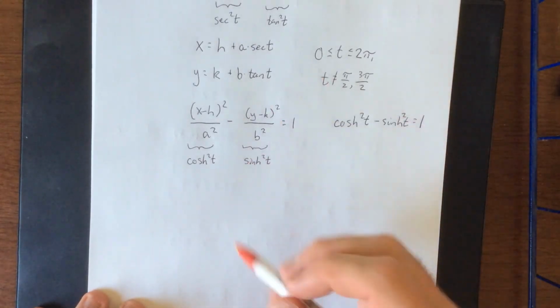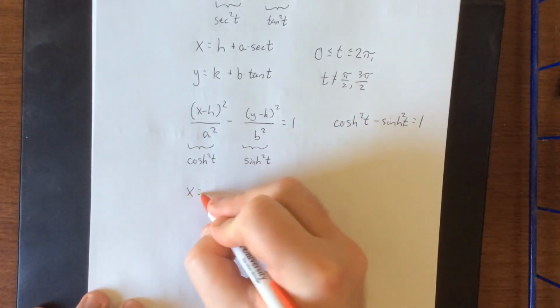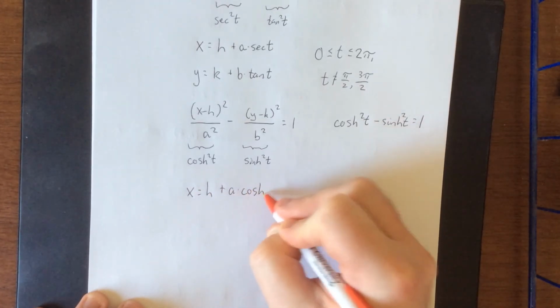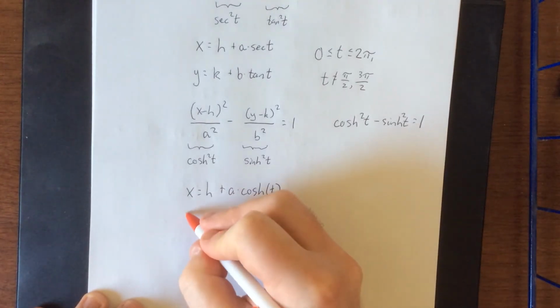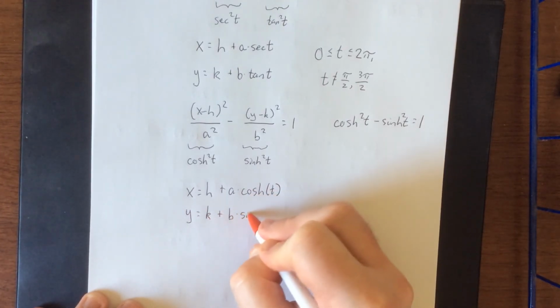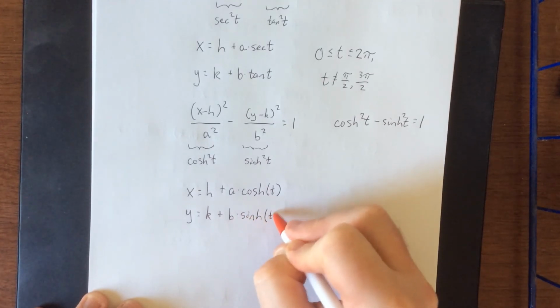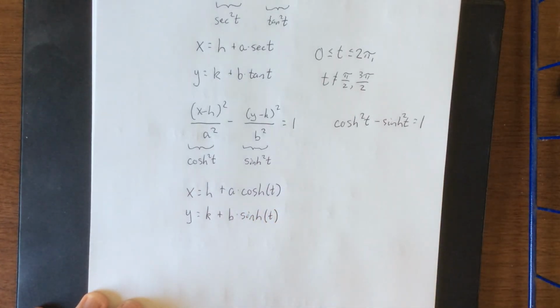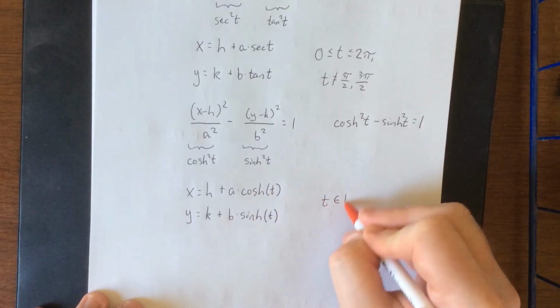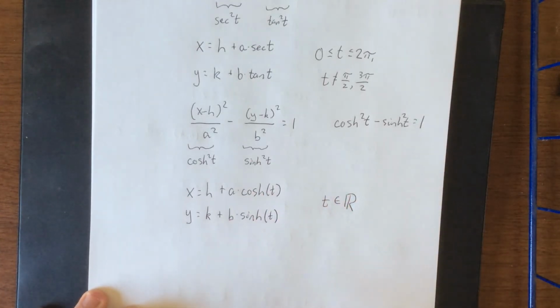So doing literally all of the same algebra here, this would be x is equal to h plus a times the cosh of t, hyperbolic cosine, and y is equal to k plus b times the hyperbolic sine, or the sinh of t. Now for this one, based on their definition, t would just be any real number, and that'll get you the entirety of the hyperbola.